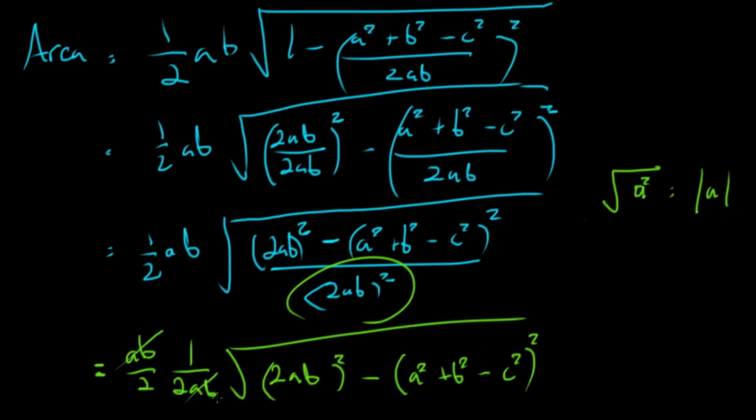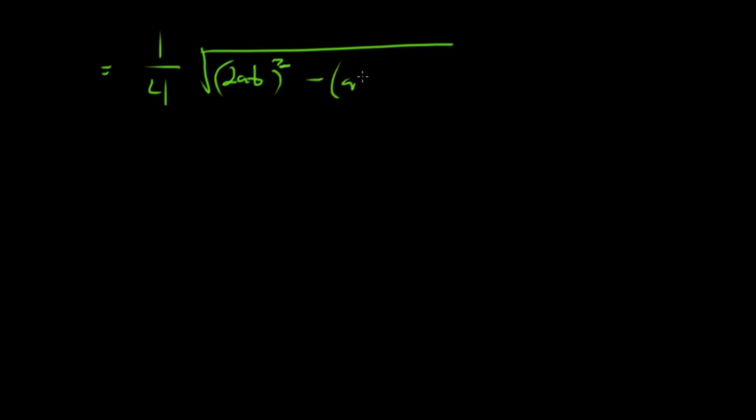Those go away, and on the next page, I'm going to have a 1/4 square root. Let me make a better square root. Square root of 2AB squared minus this thing. Cool. And then here is the sneaky trick. I have a quantity squared and another quantity squared.